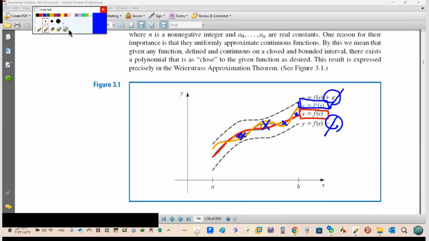Totally we have 0, so we can say P(x) is like f(x).